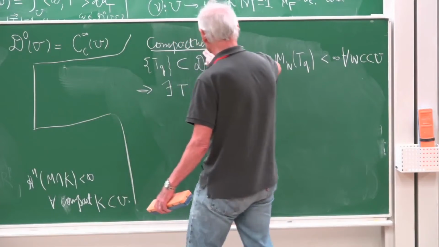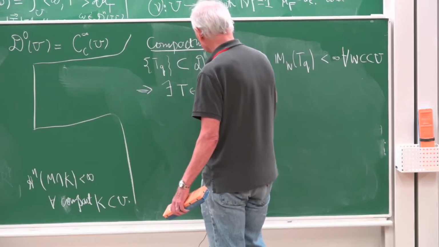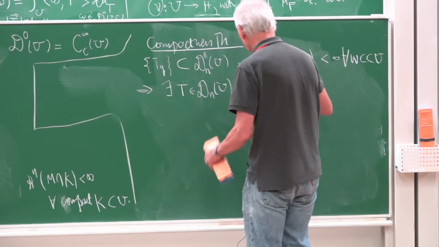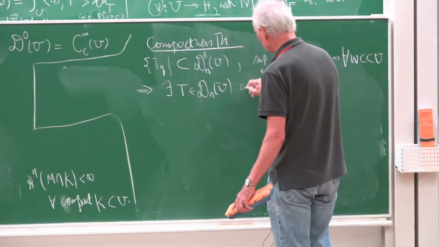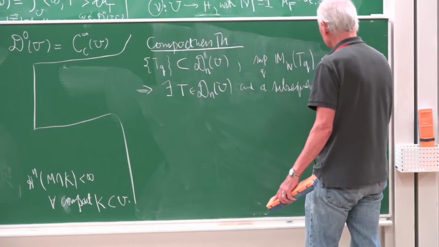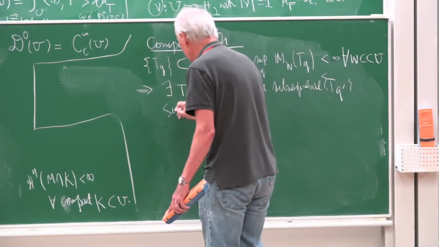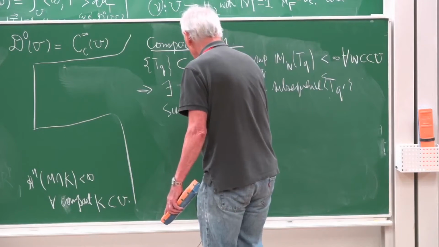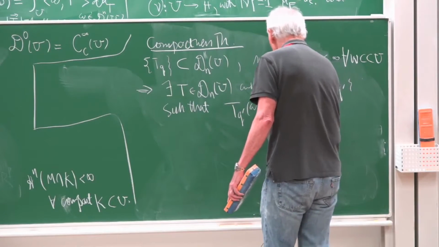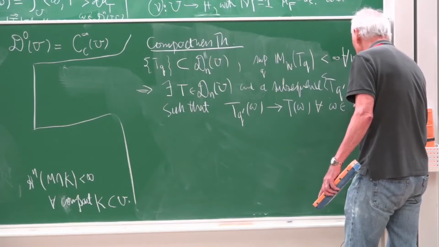then there exists a current T in D_n(U), and these are currents in the dual space, and a subsequence T_Q prime such that T_Q prime omega converges to T omega for every fixed omega in D^n(U).